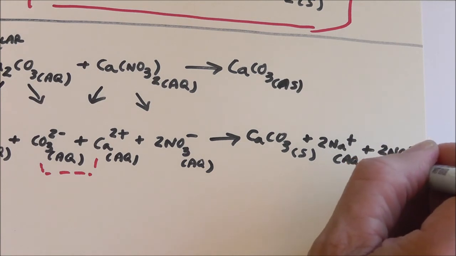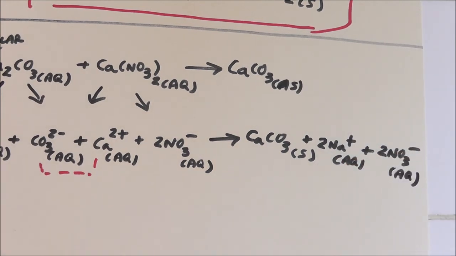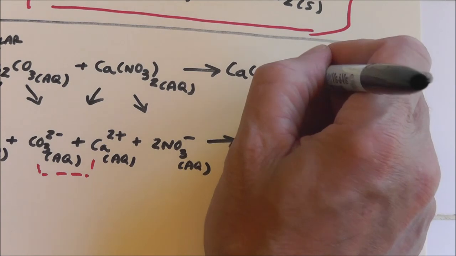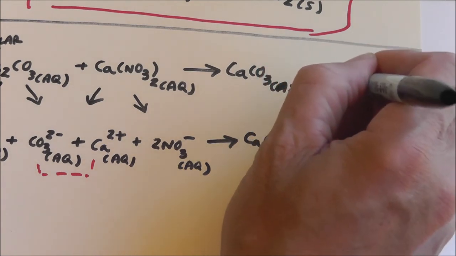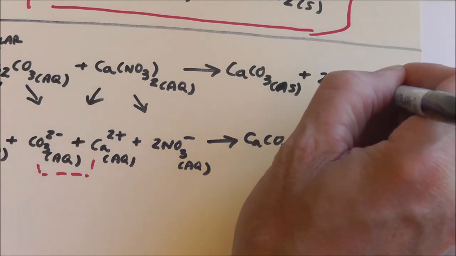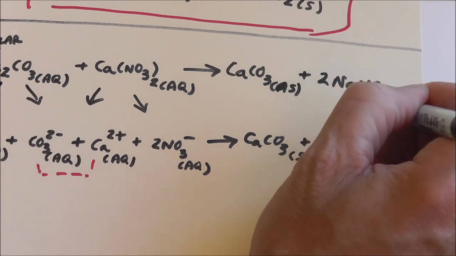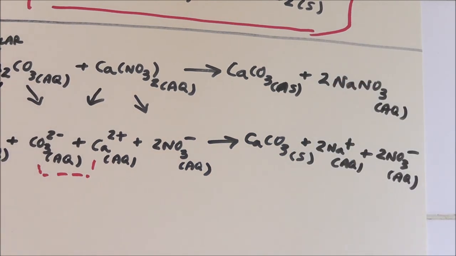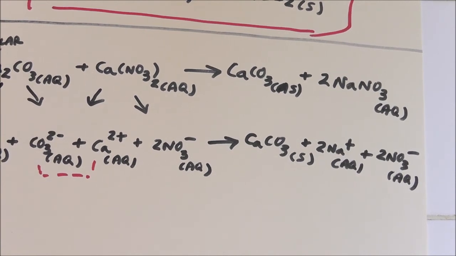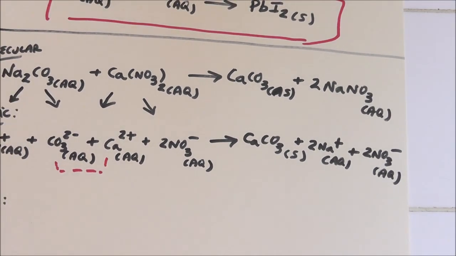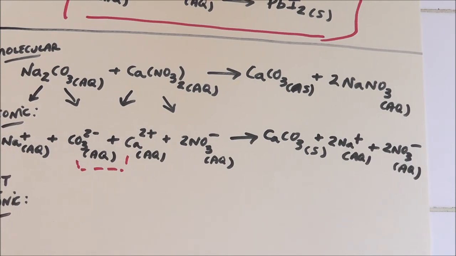If you wanted to write that in the shorter form, that is 2NaNO3 aqueous. There is the molecular and the ionic forms of that reaction, and now what we can do gives you a big feeling of power, right? We're going to go and cancel all the spectators.